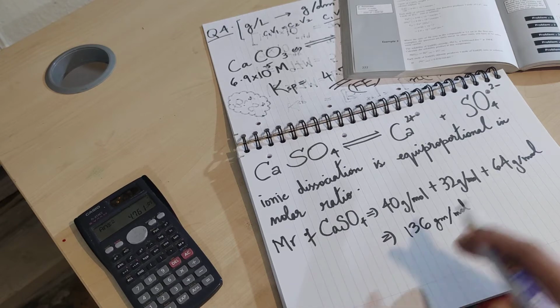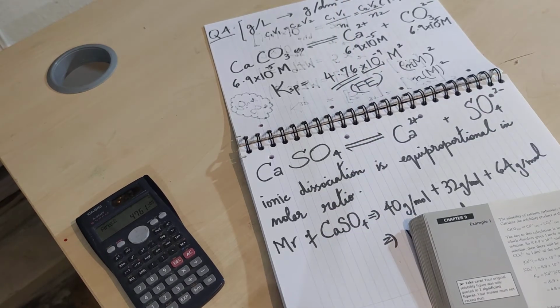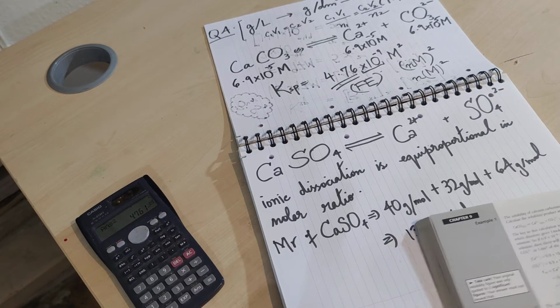Now, if you calculate the number of moles, it'll be 0.67 grams per.